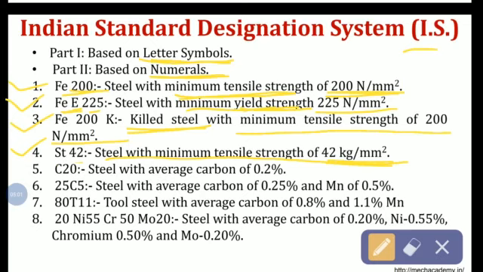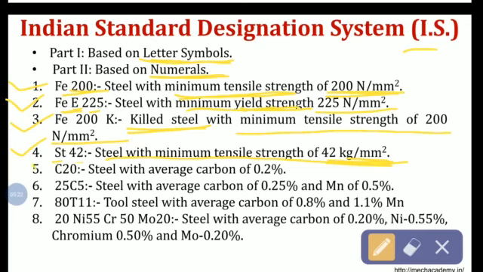If STE is written, if there is STE42, then we can call it steel with a minimum yield strength of 42 kg per mm square. So E means yield strength, and ST means the kg per mm square unit.